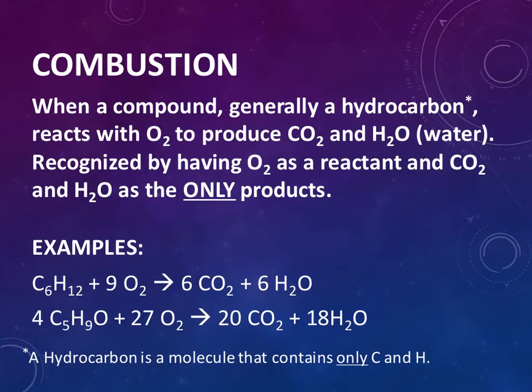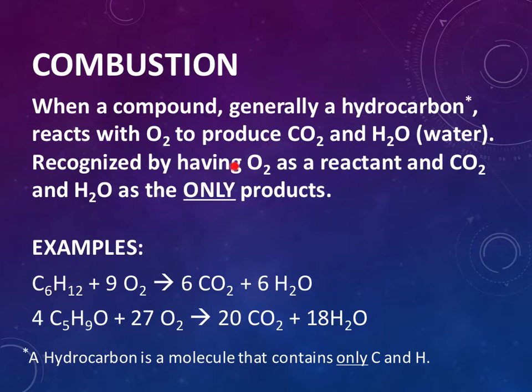The combustion type of reaction is a very specific reaction, and generally it's very confusing to many students. I don't know why, but basically combustion is when a compound, generally a hydrocarbon or something that's made with only carbon and hydrogen, reacts with oxygen to produce CO2 and water. You recognize it by having two things.